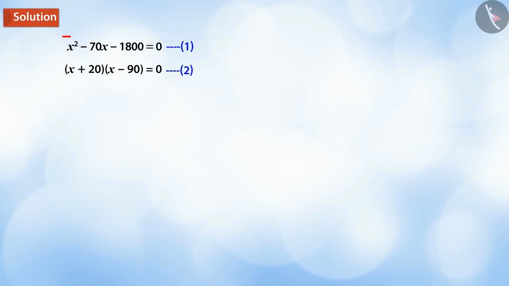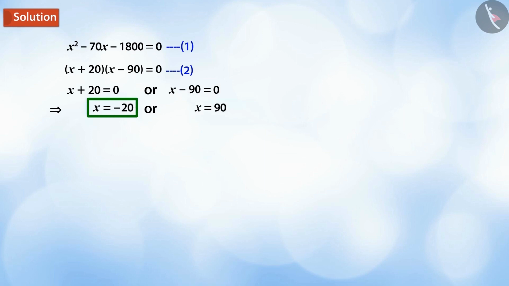On solving further, we will equate each of the linear factors to 0, which gives us x plus 20 is equal to 0 or x minus 90 is equal to 0, that is, x is equal to minus 20 or x is equal to 90.